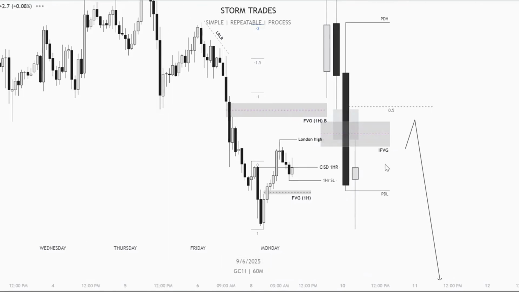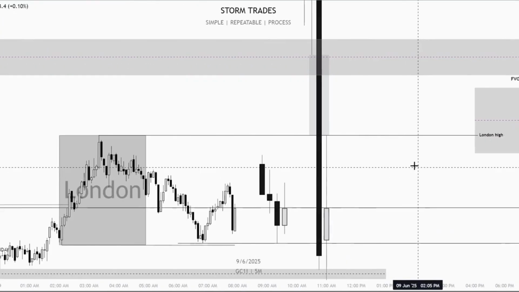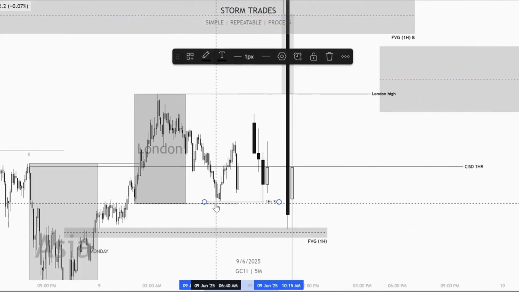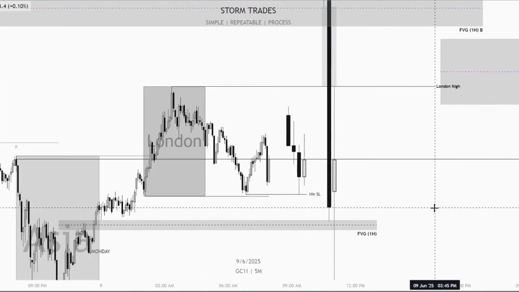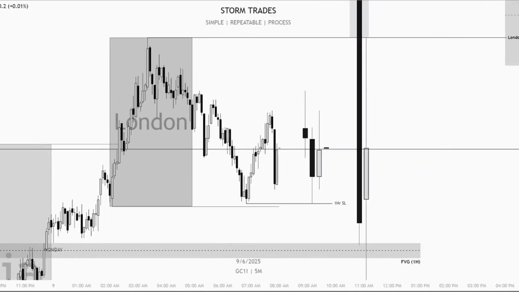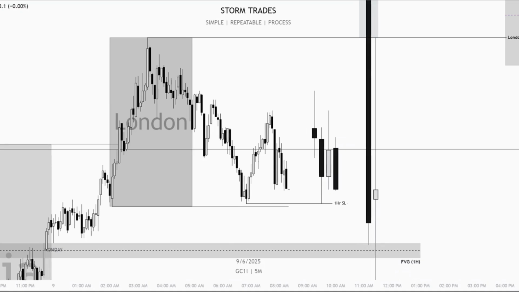I'm going to drop down to the M5, and on the M5, I am requiring some sort of a sweep of an hourly POI. The first one I'd be looking at right here is this hourly swing low. And let's move price forward. And we get a sweep here pretty soon.